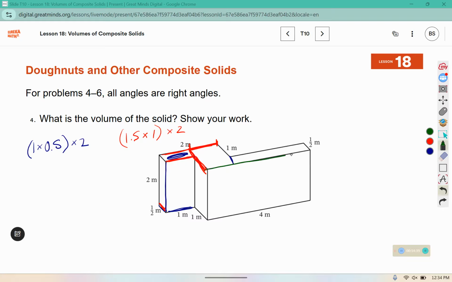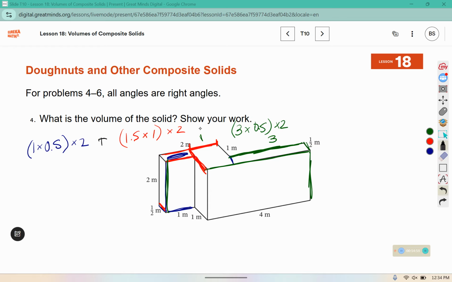This was 4, but we already used 1 here, so this distance is 3 by a half. And it is also 2 tall.